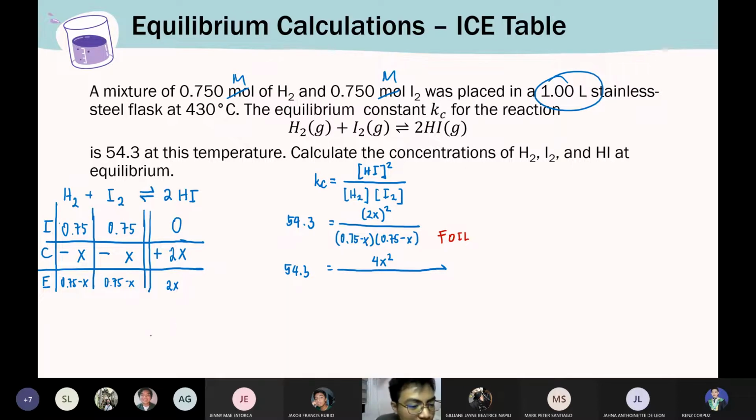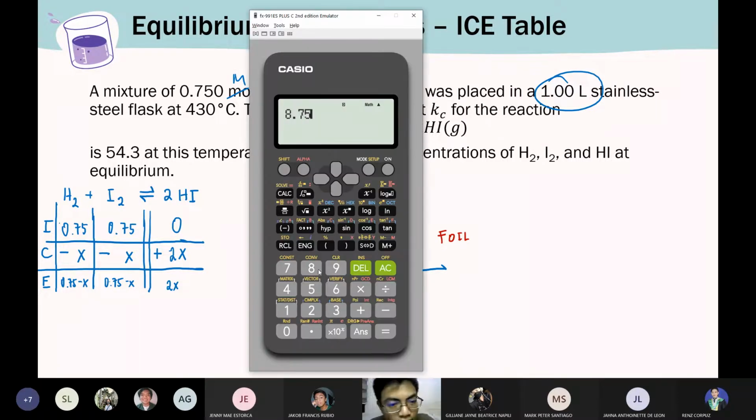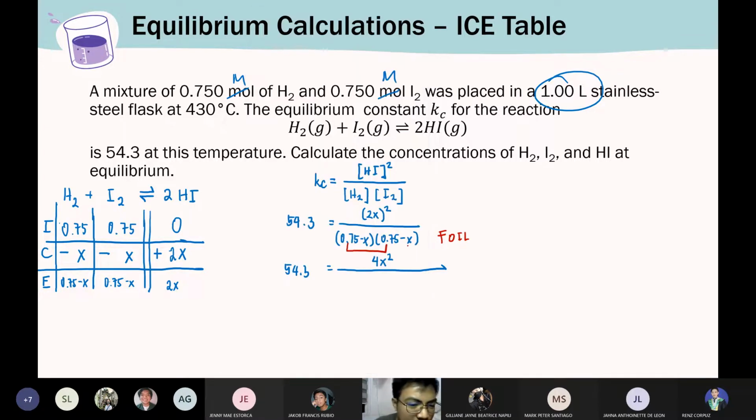Doon na tayo sa binomial of FOIL natin. So for the first term, that's 0.75 times 0.75. The answer is 0.5625. Okay?